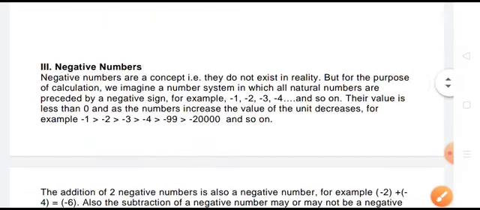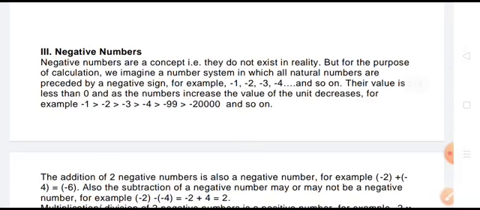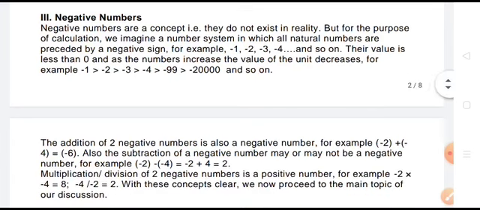Third, we learn about negative numbers. Negative numbers are a concept that do not exist in reality. But for the purpose of calculation we imagine a number system in which all natural numbers are preceded by a negative sign.